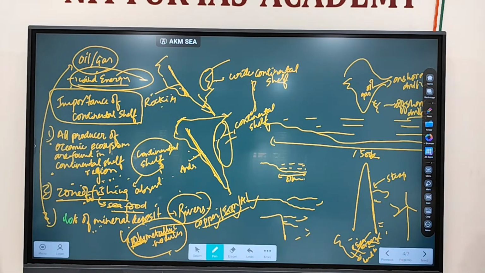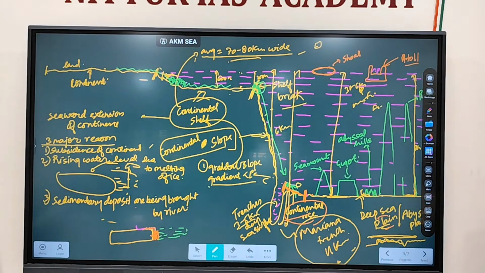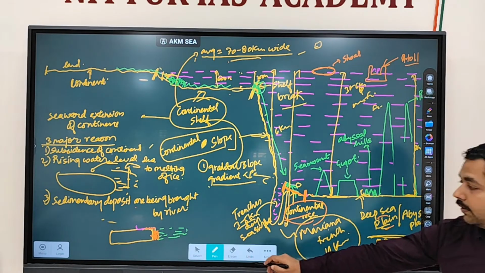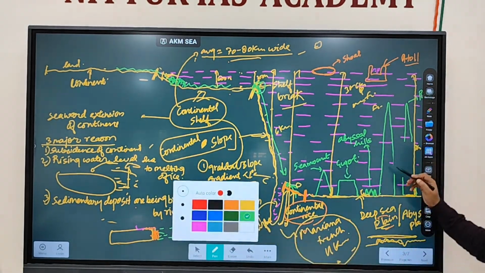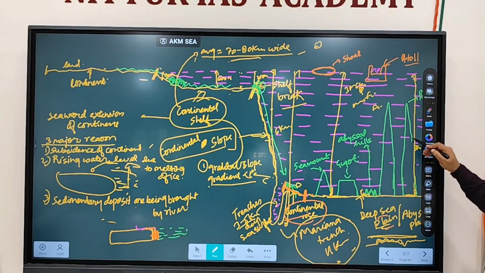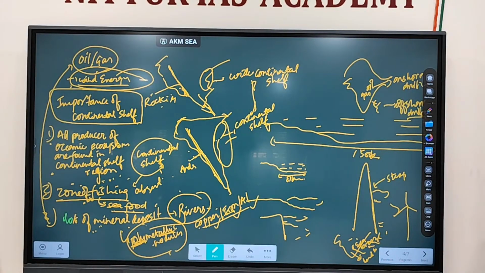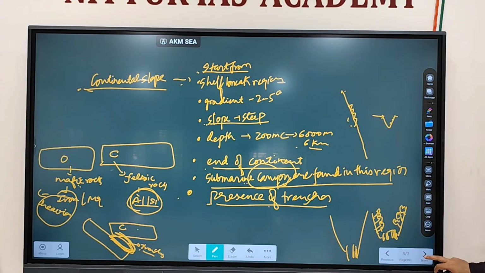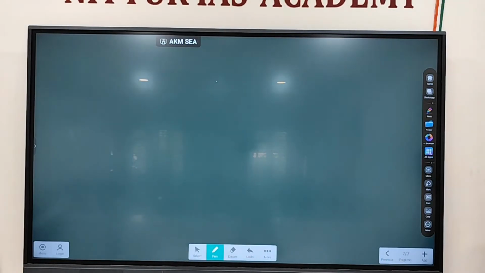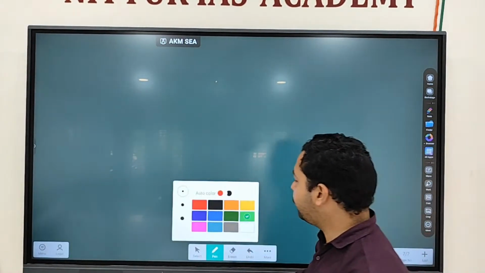So what are ridges basically? Ridges we have discussed. Ridges are nothing but a parallel mountain chain. So now we are coming to the ridges.